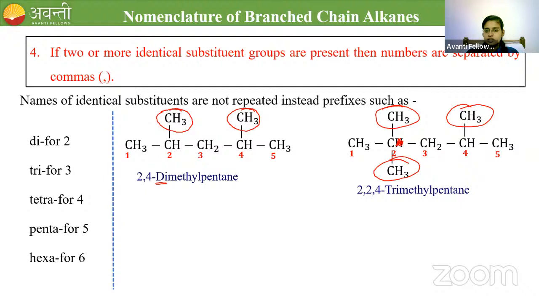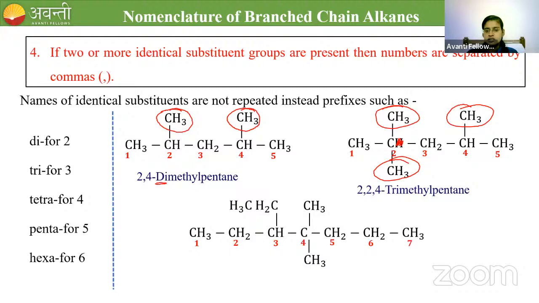Very good. Now one more compound. What about this? Find out the name of this compound. So this is CH2CH3. This is ethyl substituent. And we have methyl substituent.